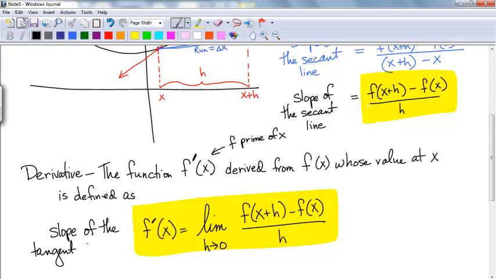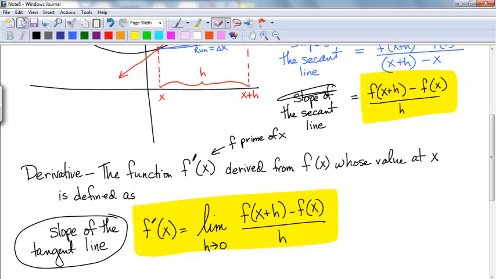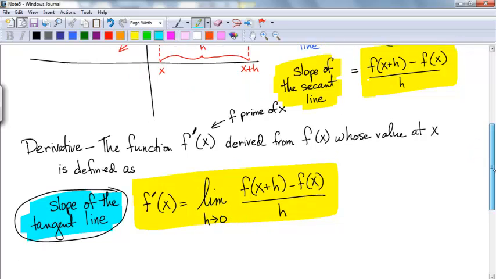So there's a difference between this one, the slope of the secant line, and this one, the slope of the tangent line. The real difference is this limit as h goes to 0. Okay, so let's look at a couple of examples.